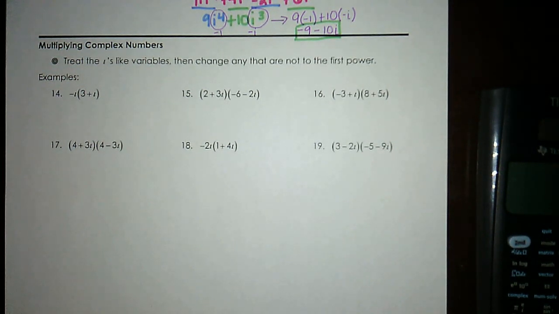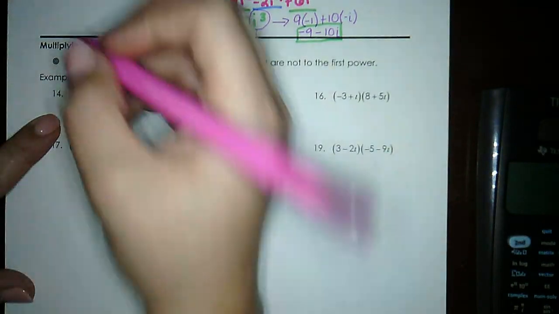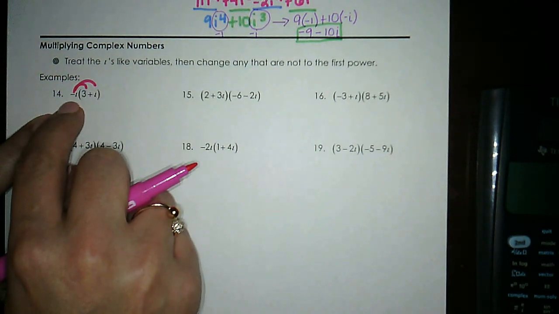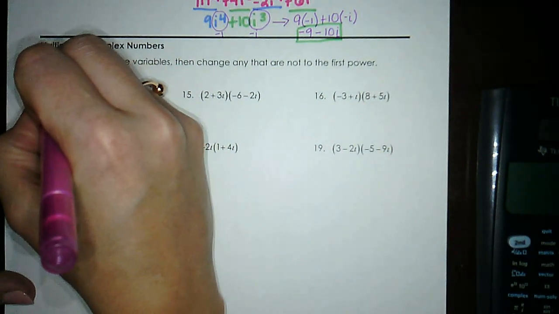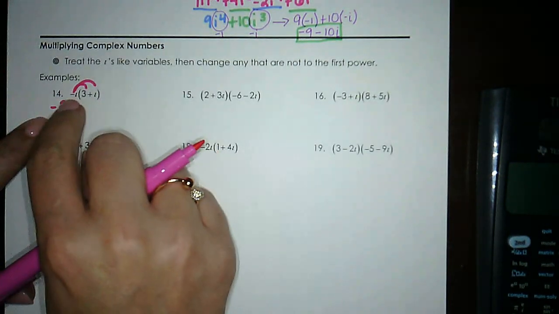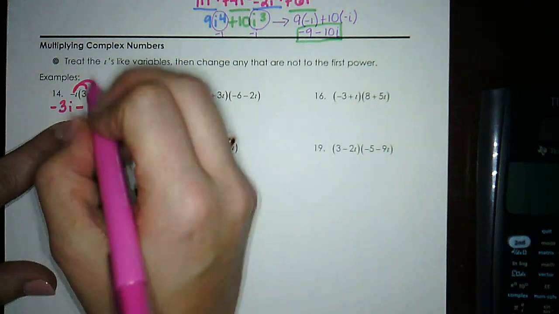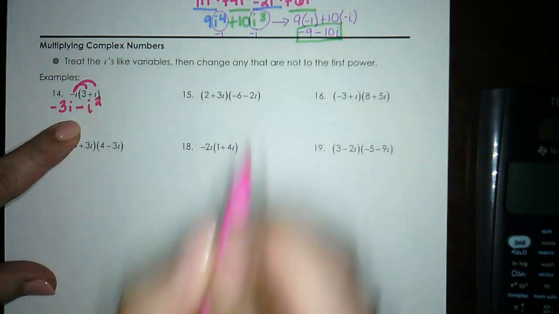So you do it the exact same way you would with x. So for 14, we're going to distribute this -i to both pieces. Again, you treat i like a variable. -i times 3 is -3i. Negative and a positive makes this last one a negative. i times i is i squared.